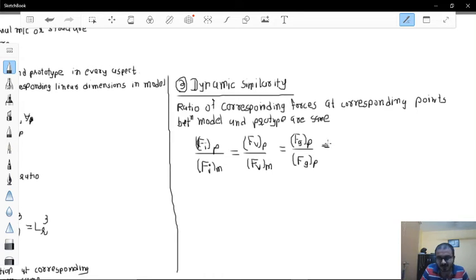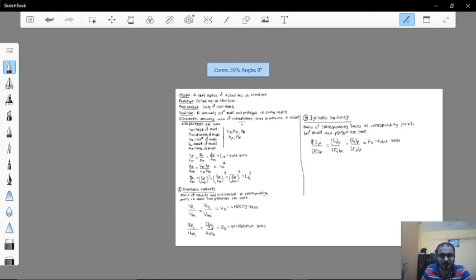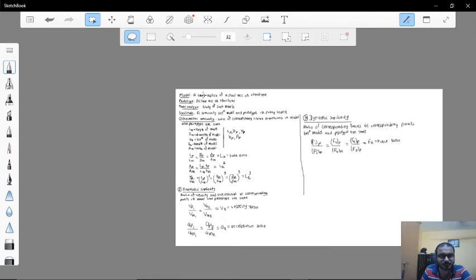So this is known as Fr, that is equal to force ratio. So let's copy this work into our main slides.